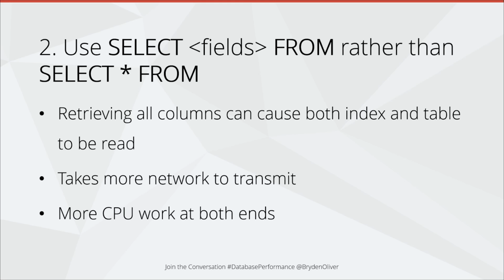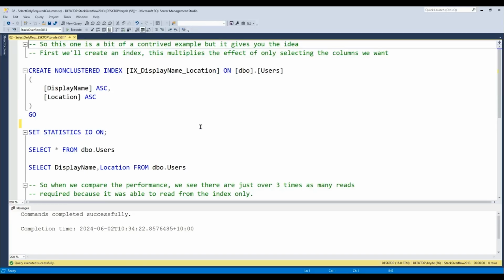So that's why you get a bunch of benefits, even more than just the obvious one of reading it from the disk. So for this example, we're going to look at the users table, and we're just going to grab the display name and location. So we're going to do select display name, location from users, and you can see that about halfway down.